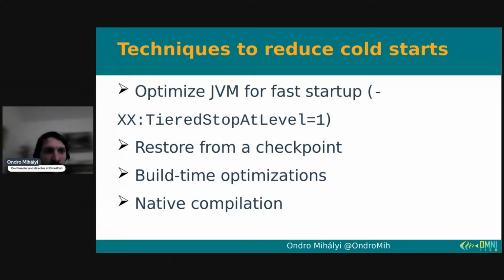And it goes in two levels. One is that it does very simple optimizations. The second level parses your code and tries to do things like turning your methods into inline methods and other bigger optimizations.